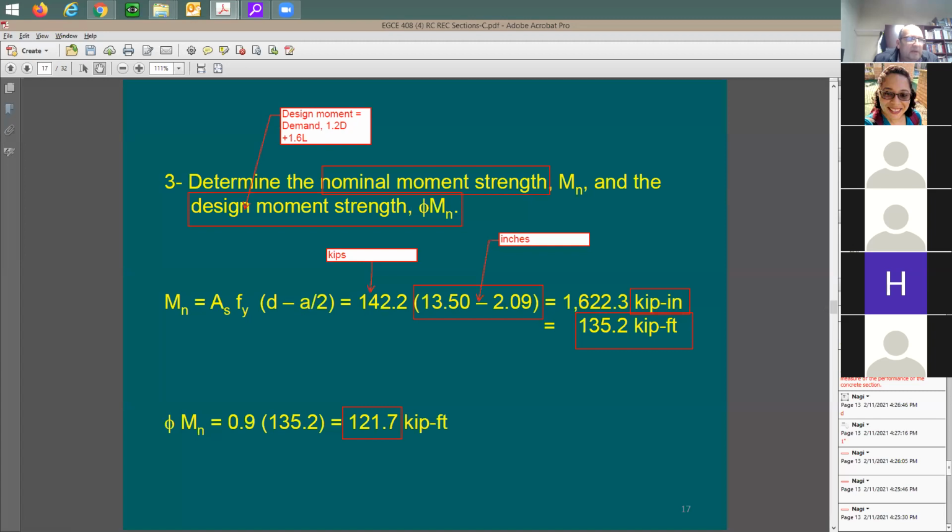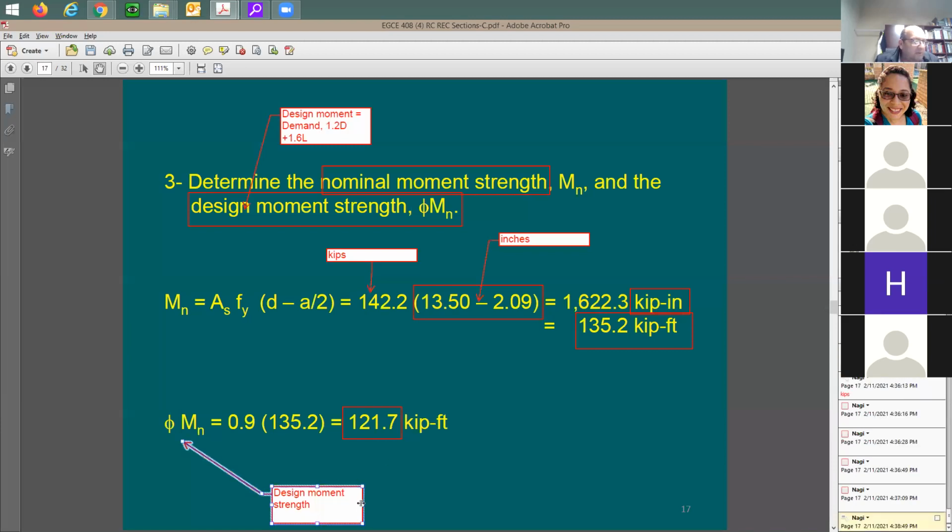So this one here, I have more than one name for it. Here are the names for this. I can call it design moment strength. Let me make this larger. This can be the first name for it, if you like.